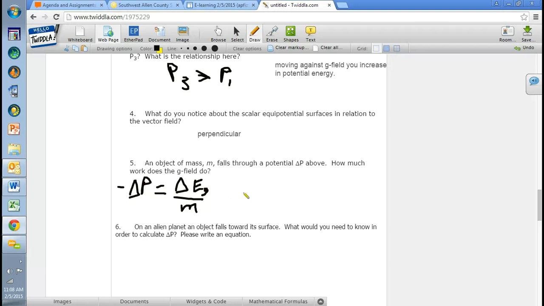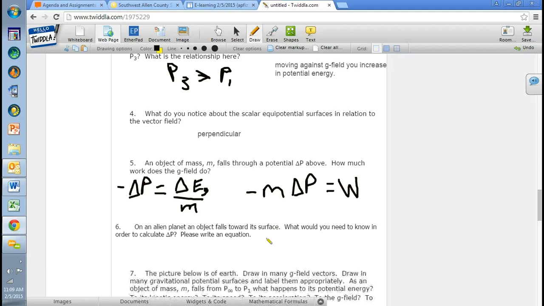So when I solve this, I get negative m times delta P is equal to the amount of work that we do, W. The reason I put the negative there is because delta P is going to be negative. This way I'll get a positive number. Okay, any questions?